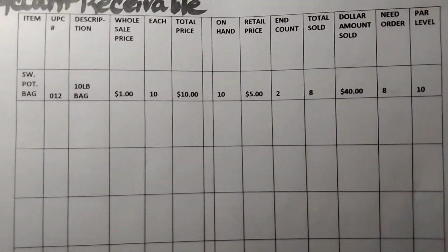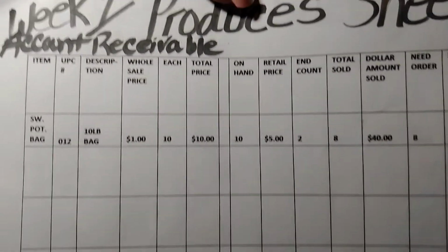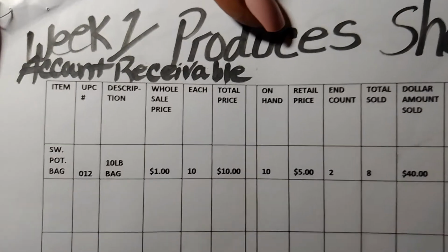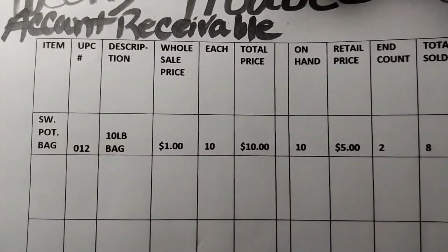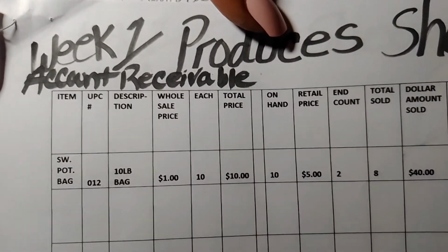Okay? So you're going to fill in on your sheet the 13 columns going across and the 13 columns going down. And your first sheet is going to be called produce sheet. And then on this side, you'll see accounts receivable.